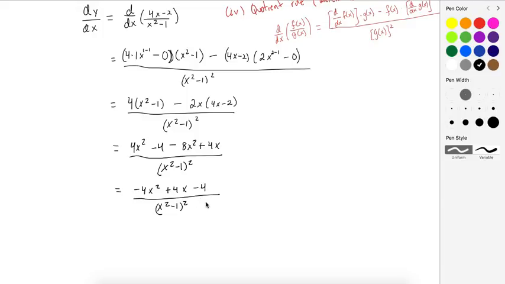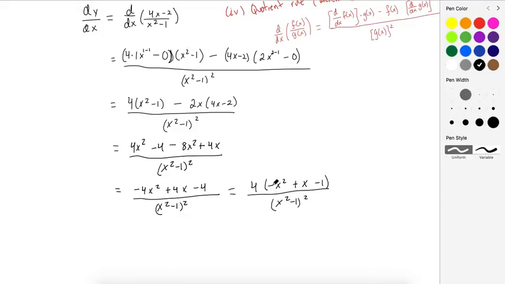Now, seeing as though we can't simplify this any further, even if we take out a 4, or actually, let's try it. So we take out the 4, and what we have is negative x squared plus x minus 1, all divided by x squared minus 1 squared.